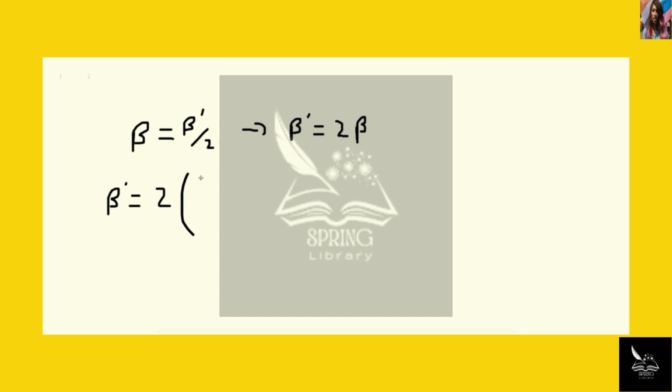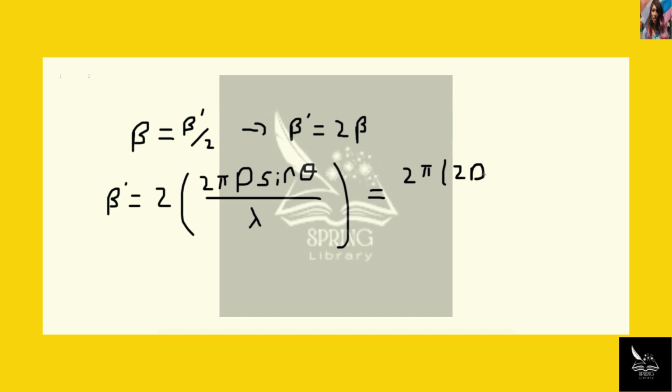We said that beta was equal to 2 pi times d times the sine of the angle theta divided by lambda. Well, you could also say that this is equal to 2 pi times 2d, so I just distributed that 2 through, times the sine of the angle theta divided by lambda.